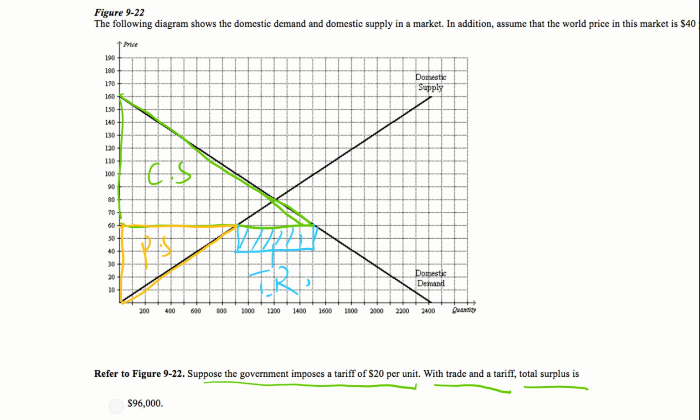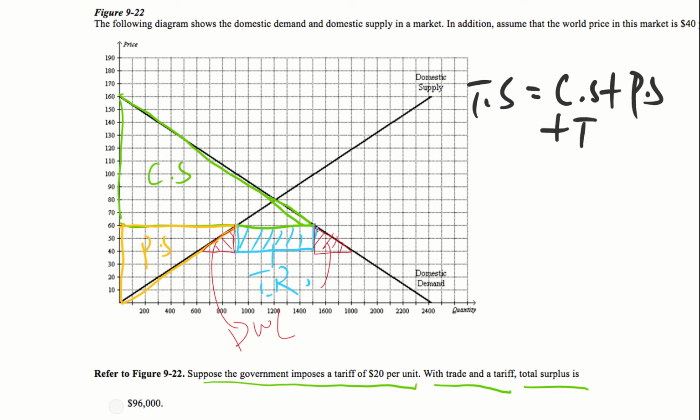And then we have our deadweight loss, the two little triangles. Those are the deadweight loss. All right, so to find your total surplus, this equals the consumer surplus plus producer surplus plus tariff revenue.